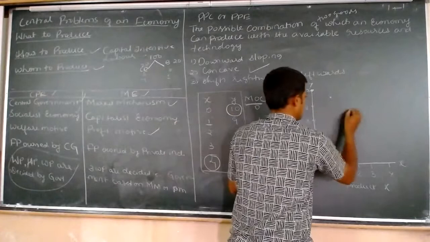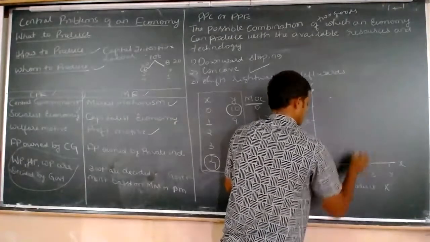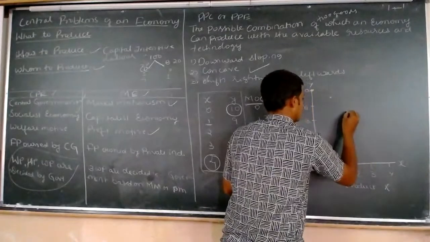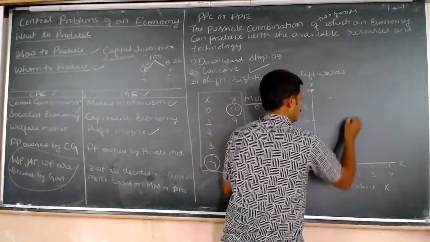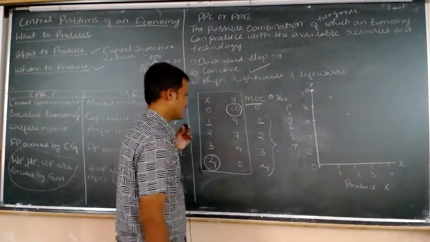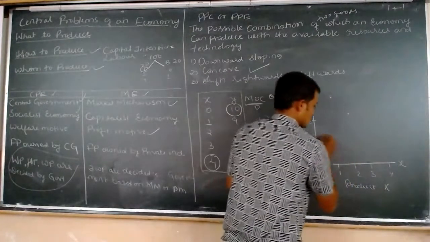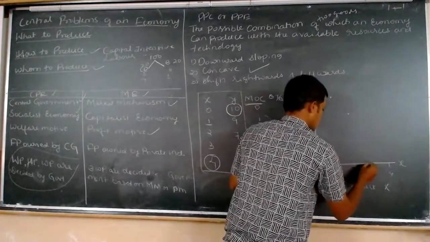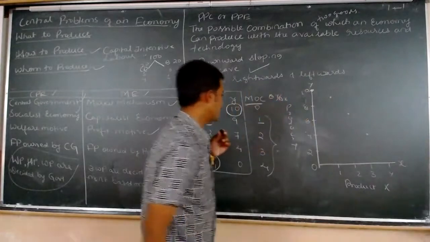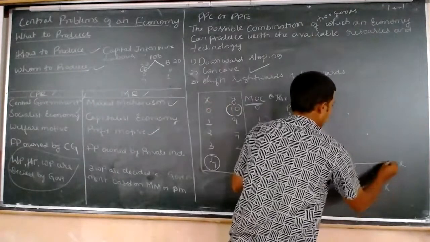So 7 will be somewhere around here. So 2, 7. Okay. Then next is 3, 4. So 4 somewhere comes here. Okay. And then next is this point.